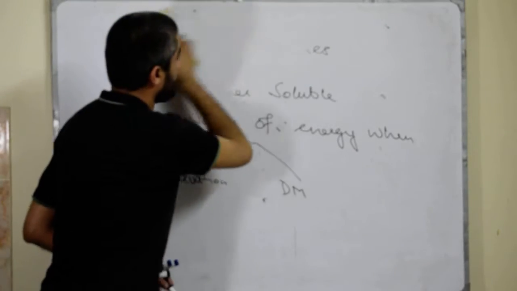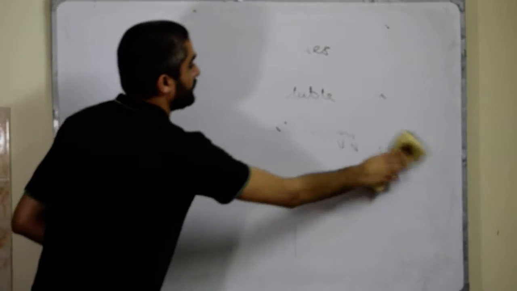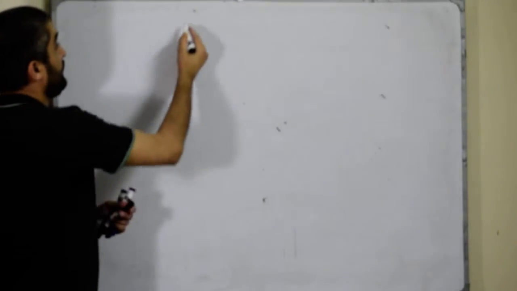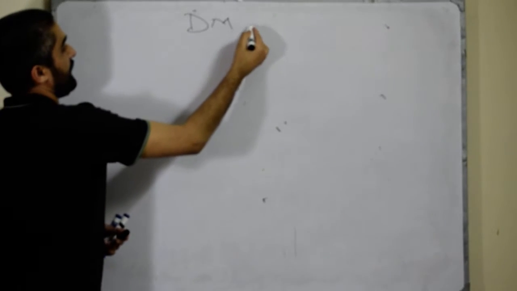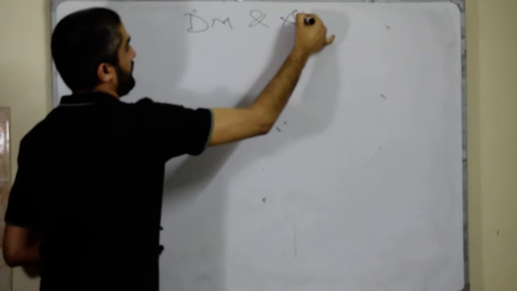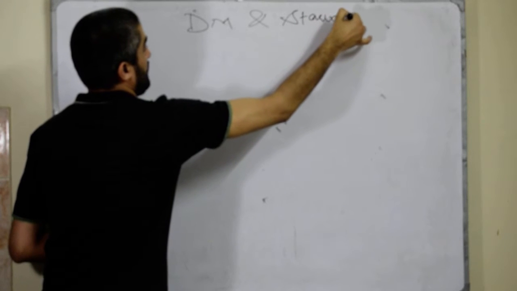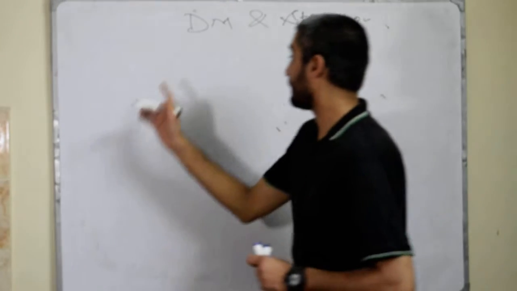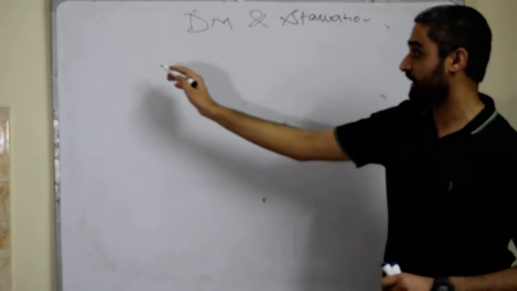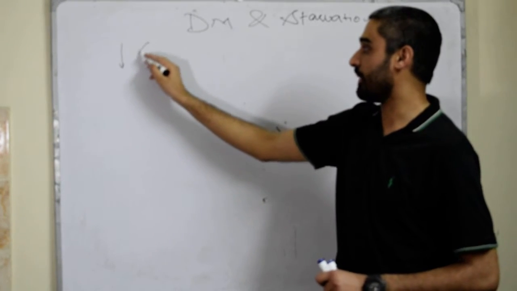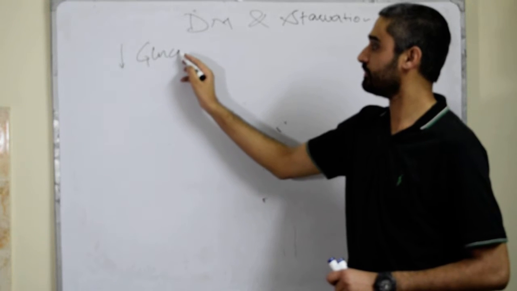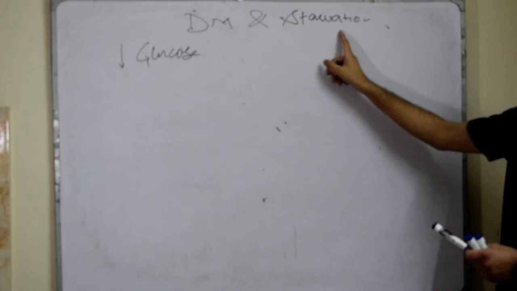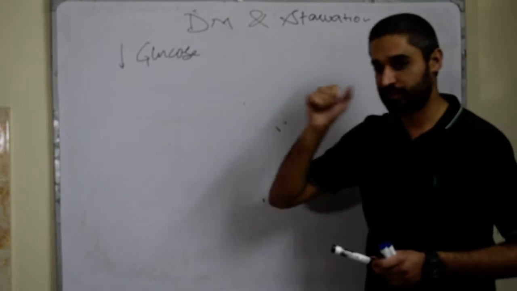Now let me discuss this in detail. What happens in diabetes mellitus and starvation? In both these conditions, the glucose amount is low. In starvation the glucose is less.